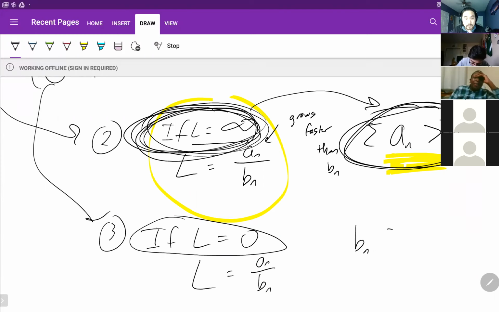So b sub n is growing faster than a sub n. b sub n is getting to a larger number and a sub n just can't keep up. If this is the case, then everything flips. If b sub n converges, a sub n converges, because it's greater than a sub n. And if a sub n diverges, b sub n diverges. How are we doing? Did I just confuse everyone?